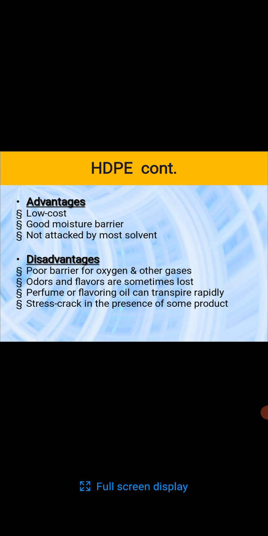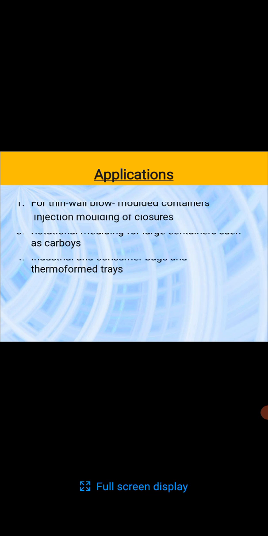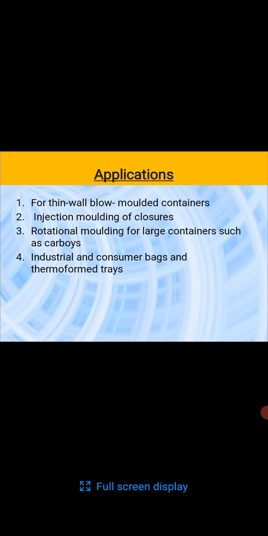Stress cracks in the presence of some products. Applications of high density polyethylene: thin-wall blow molded containers, injection molded closures, rotational molding for large containers such as carboys, industrial and consumer bags and thermoformed trays.